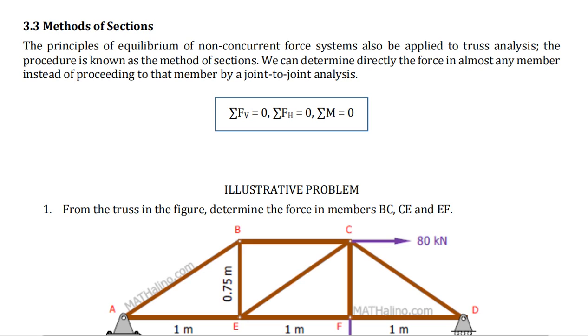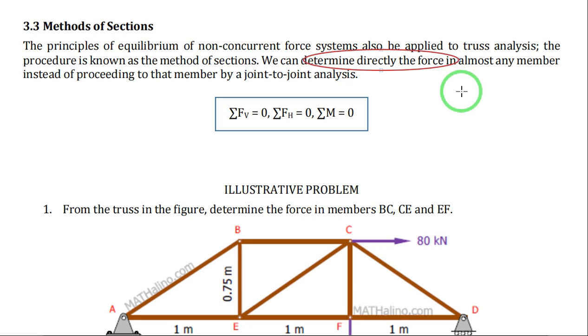This is the advantage of the method of sections over the method of joints. We can determine directly the force in that particular member, instead of using the method of joints, wherein you have to determine the forces using a very long method.